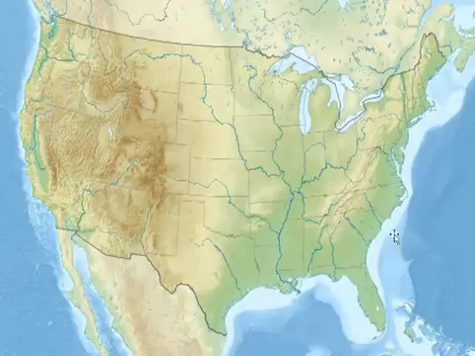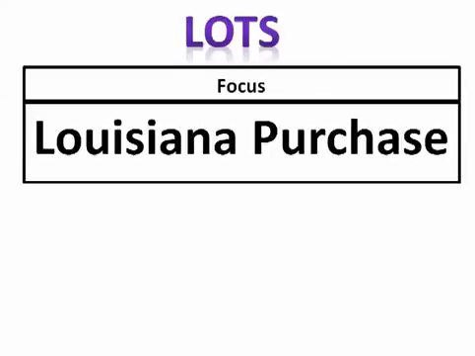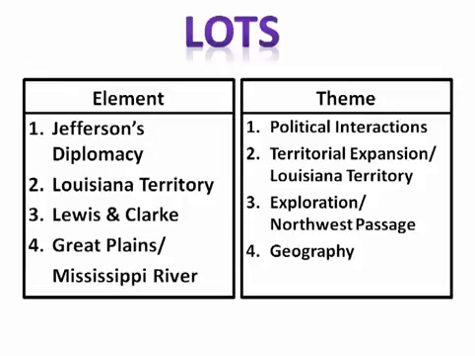One of the things that was going on around this time, so we have two different things that are a major target or focus. Our primary focus is on the Louisiana Purchase, and we're going to look at how it's going to impact territorial expansion in the United States. So we're looking at Jefferson's diplomacy, and that's political interactions with other nations.